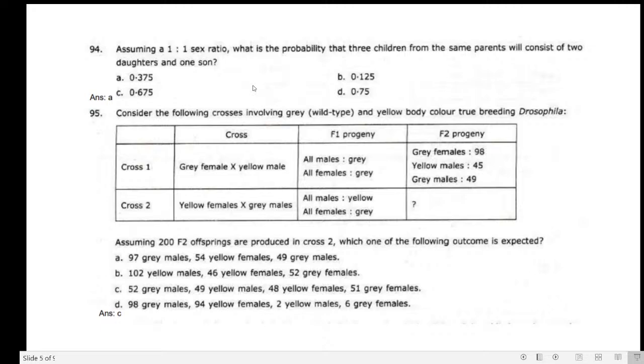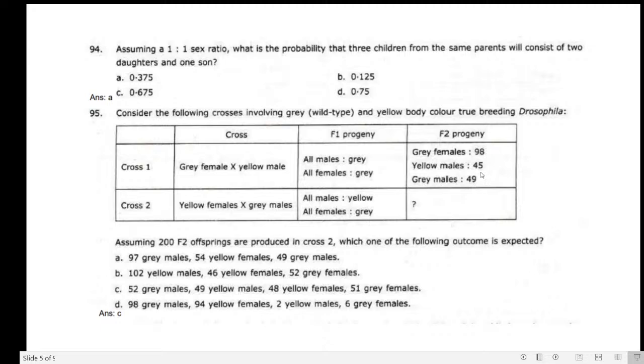Then the next generation, F2: they mention 98 gray females, 45 yellow females, 49 gray males, yellow males 49.